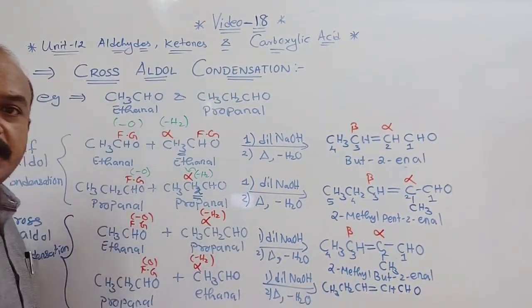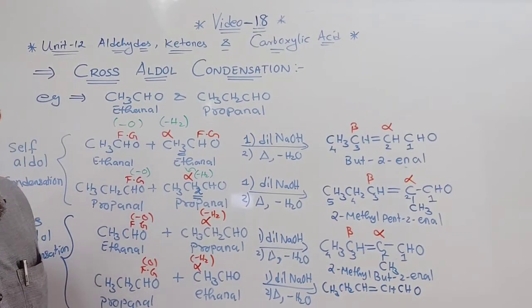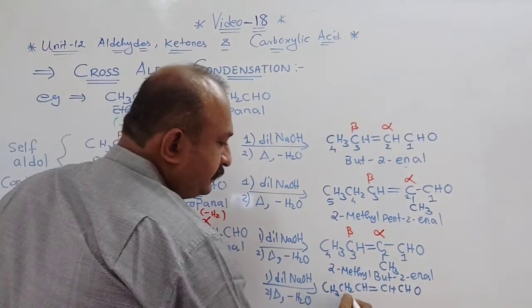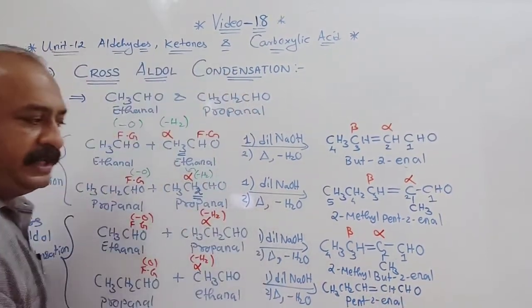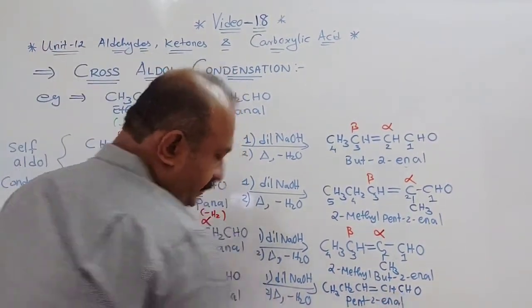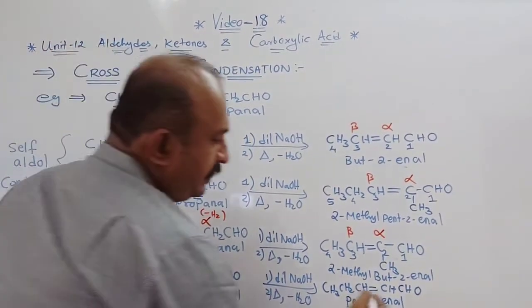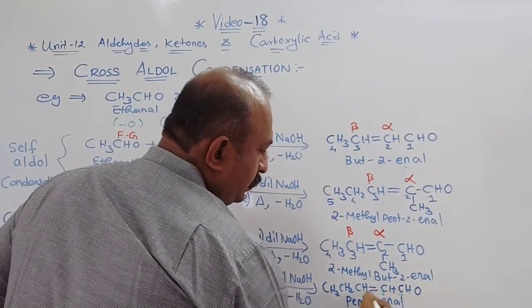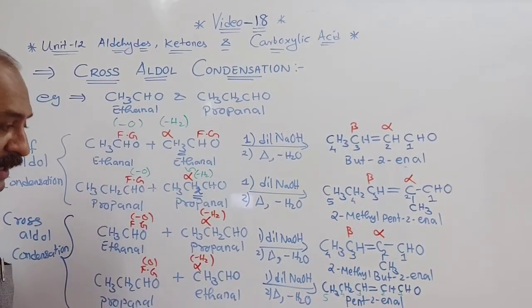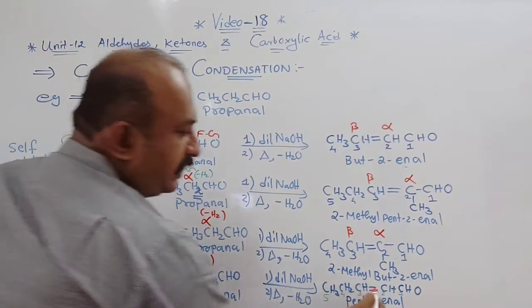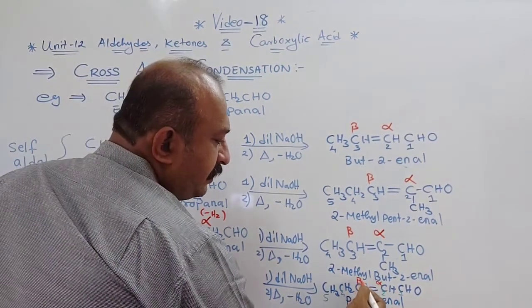The name given in your textbook is pent-2-enal. If you number it, this is 1, 2, 3, 4 and 5. This one is your alpha carbon and this one is your beta.